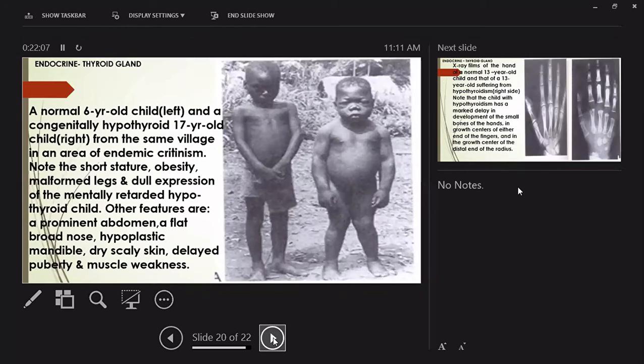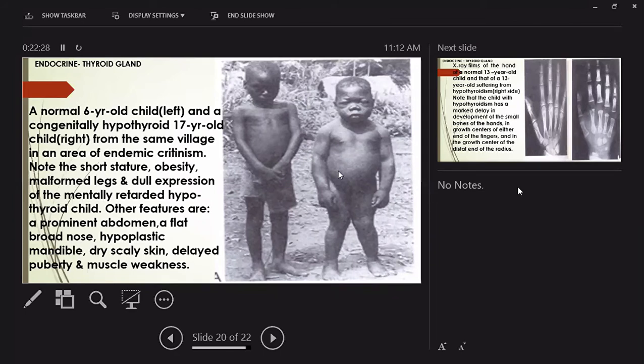And can you see this? A normal 6-year-old child here on the left, and a congenitally hypothyroid 17-year-old child from the same village in an area of endemic cretinism.